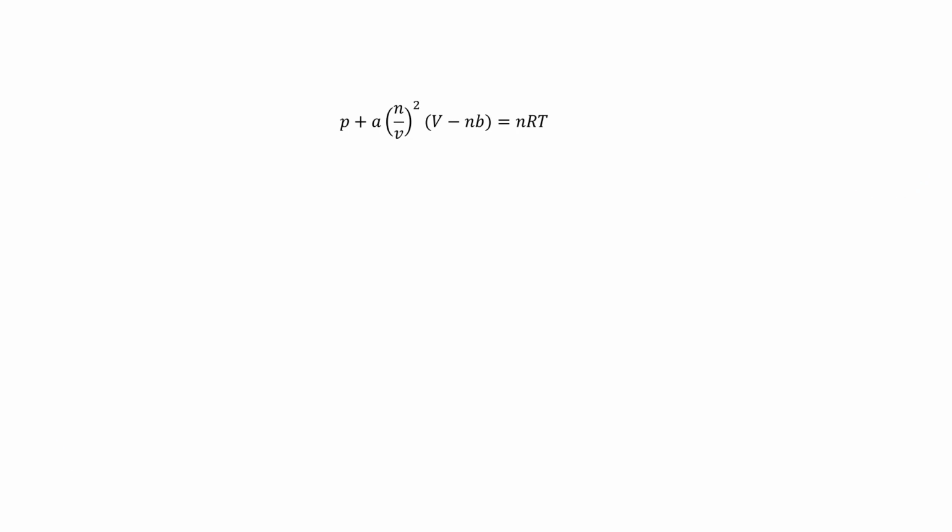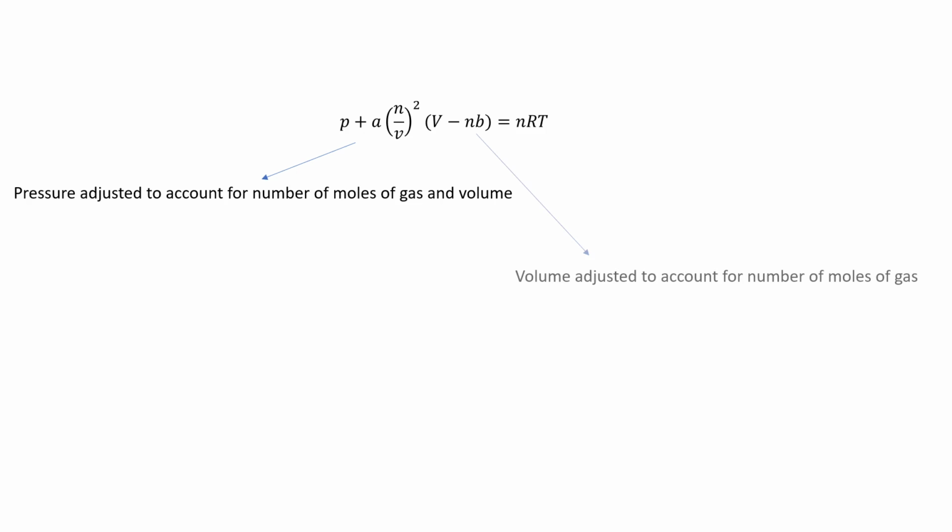And here we have said equation. We have the pressure, which is adjusted to account for the interactions of particles in the volume given, and we have the volume, which is accounted for the number of moles of gas. It is effectively the volume minus the volume of the gas, and the nRT stays the same.